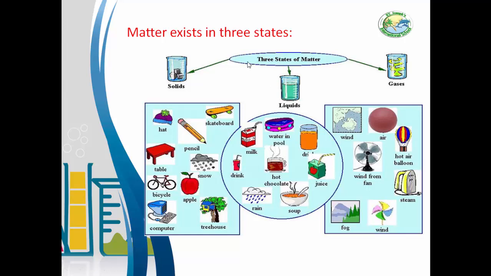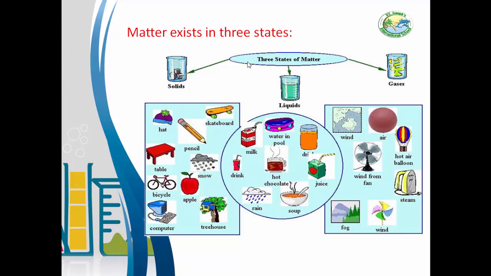Can you tell me which state water vapor represents? Which state does water represent? And what about ice? Yes, we can say that ice is the solid state of matter.